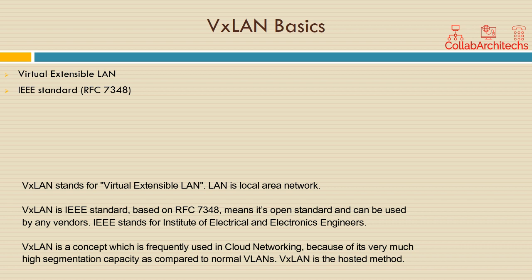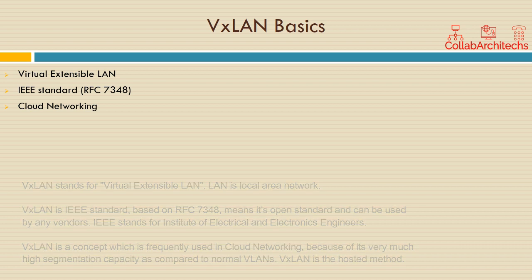IEEE stands for Institute of Electrical and Electronics Engineers. VxLAN is a concept frequently used in cloud networking because of its very high segmentation capacity as compared to normal VLANs.